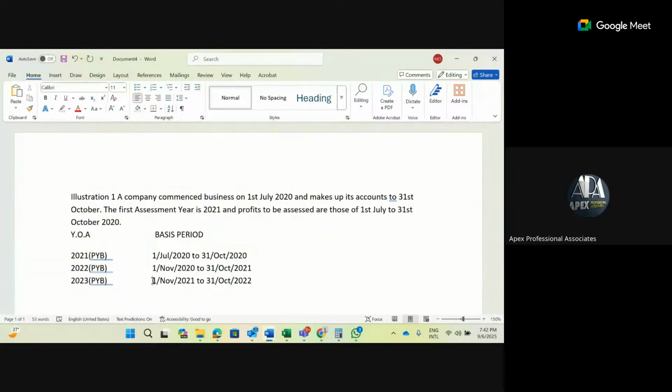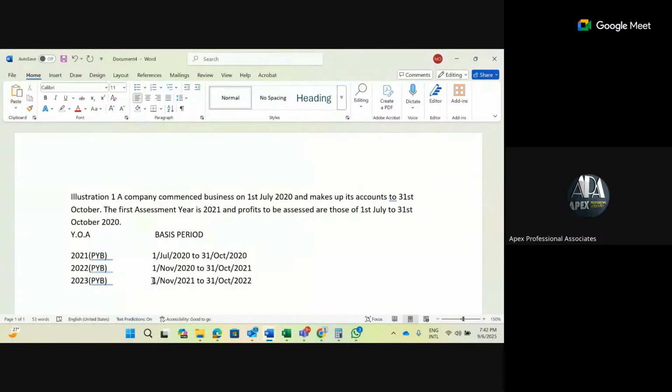I will tell you guys the truth. I remember when I did my own tax, your capital allowance was made on different dates. Your basis period of commencement, you followed different dates. You see 1st of July 2020 to 30th of June 2021 in one year.